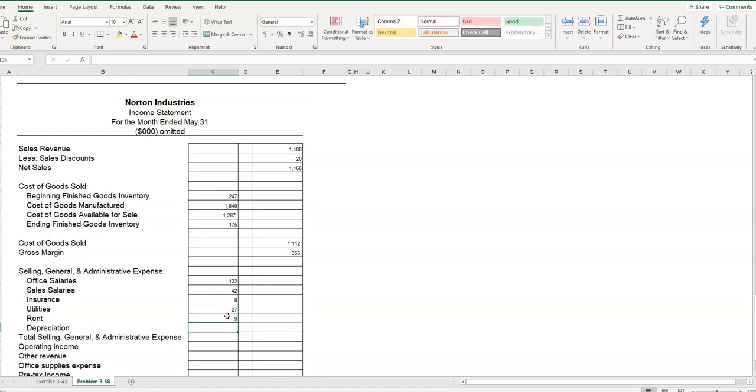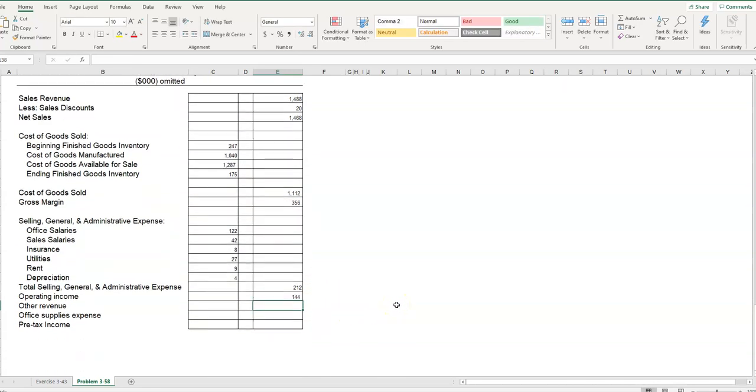And if you remember off that depreciation chart, we had $50,000 in overhead depreciation and $4,000 in office depreciation. We add up all of those numbers, that gives us our total selling, general, and administrative expenses. We subtract expenses from our gross margin to get our operating income.